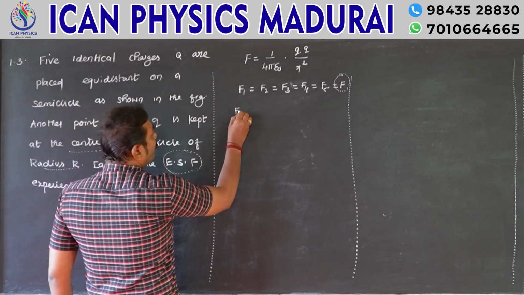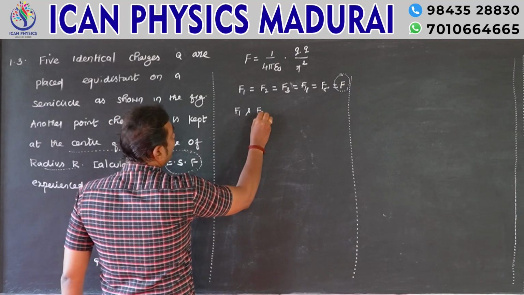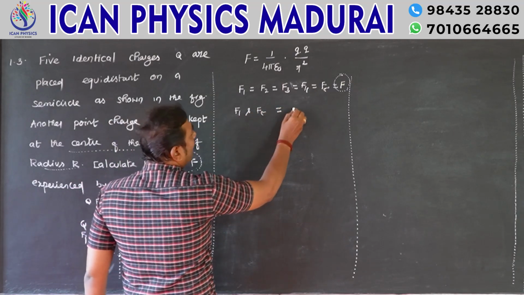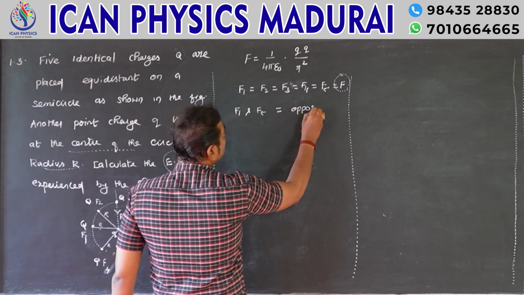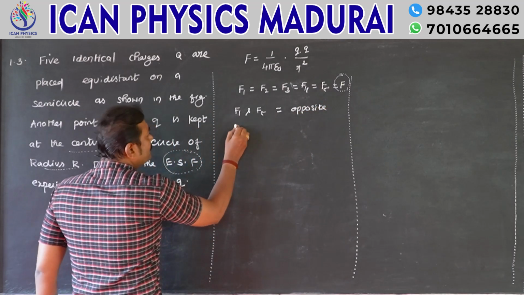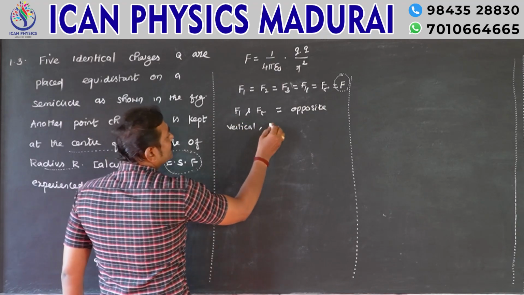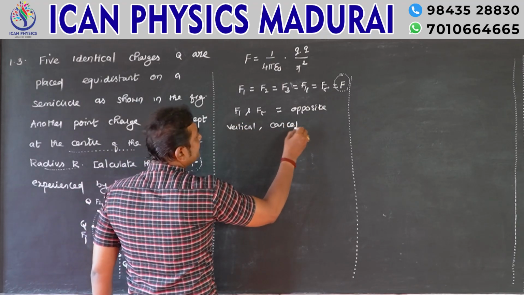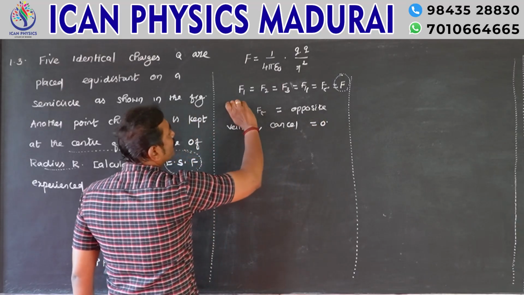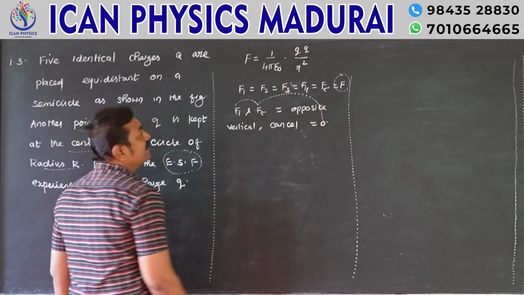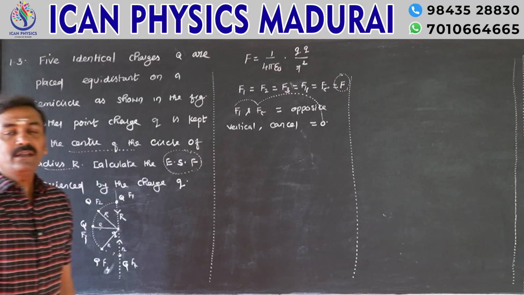So F1 and F5 are equal and acting in opposite directions, and they can be taken as vertical components. So they cancel each other. So these two forces F1 and F5 become 0. Do you get it now?